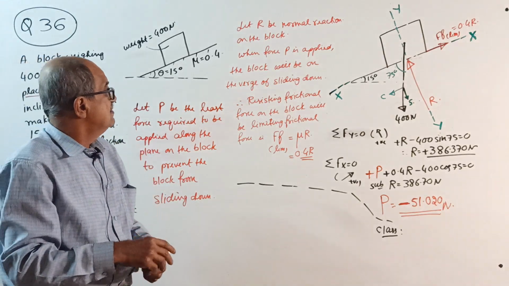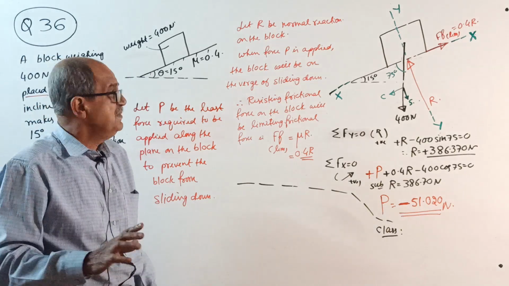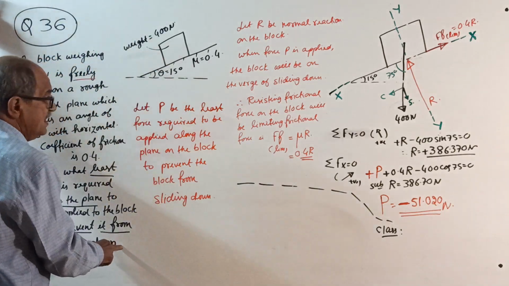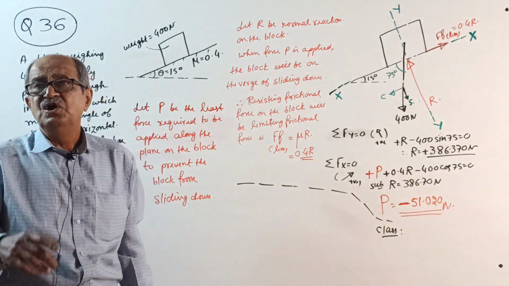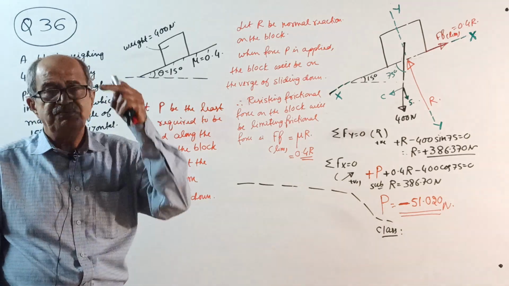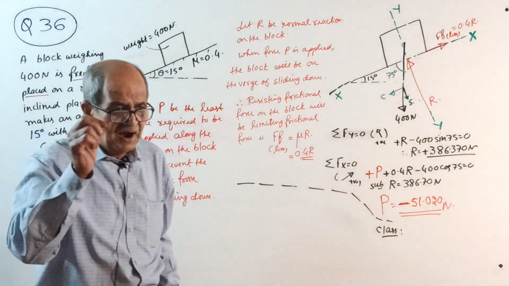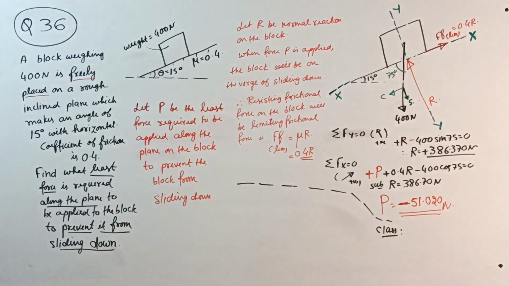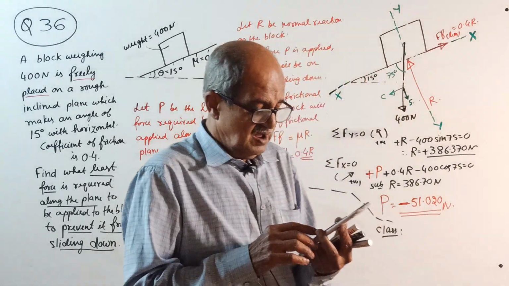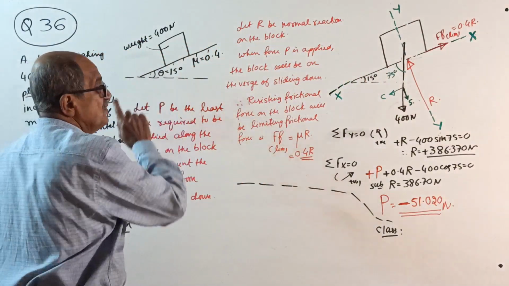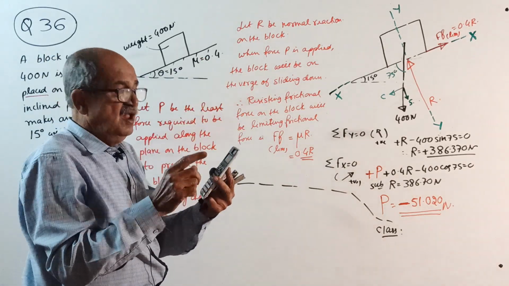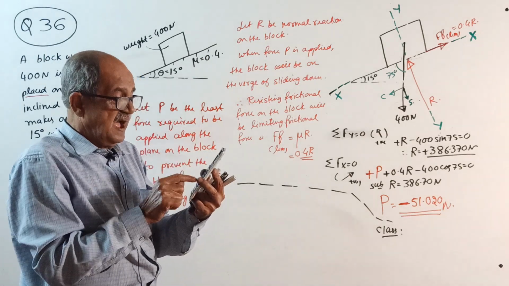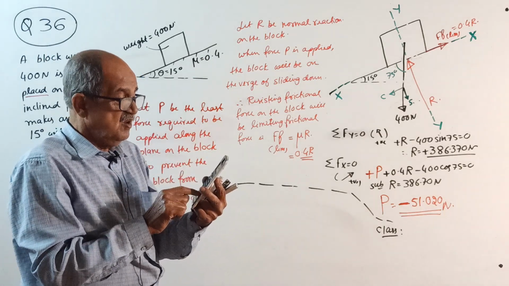Somebody may comment; wait one minute. Suppose this question is an objective question and I am writing an examination, see what I will do. Angle is 15 degrees. Mu is 0.4, so the angle of friction is tan inverse of 0.4.